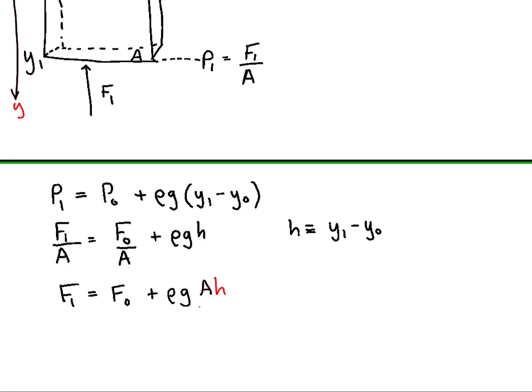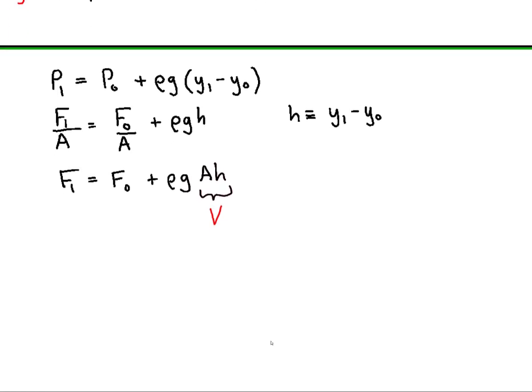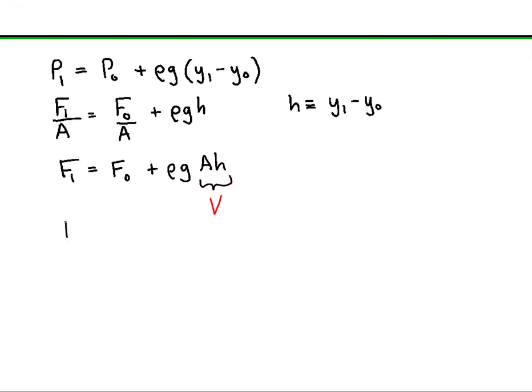Notice this quantity here, area times height for a cube, corresponds to the volume of the cube. So I'll write the force on the lower surface equals the force on the upper surface plus the density times the volume times the free fall acceleration of gravity.